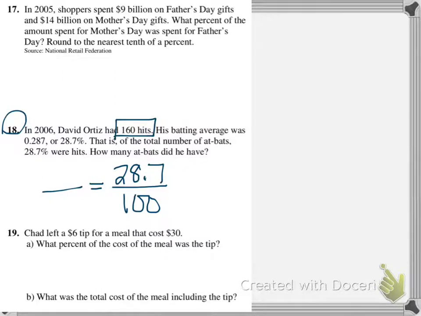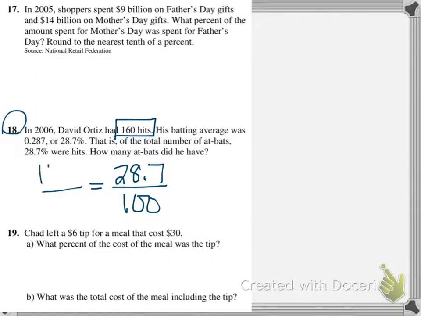Well, if you logically go through the problem, your 160 hits is going to be a smaller number than the total at-bats, because at-bats is going to include if he walked, if he struck out, or got thrown out. So 160 is going to be the smaller of the two numbers. If you look at the fraction that we already have, the smaller number is on top. And that's why I like to use the percent proportion on these. It kind of helps me logically set it up correctly.